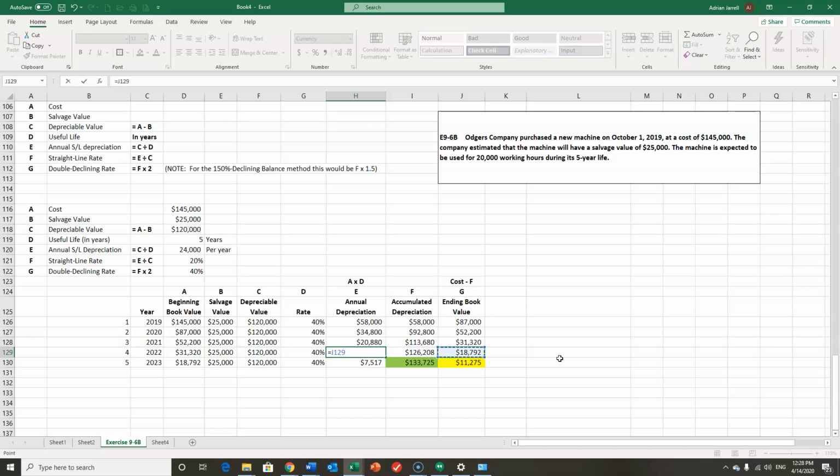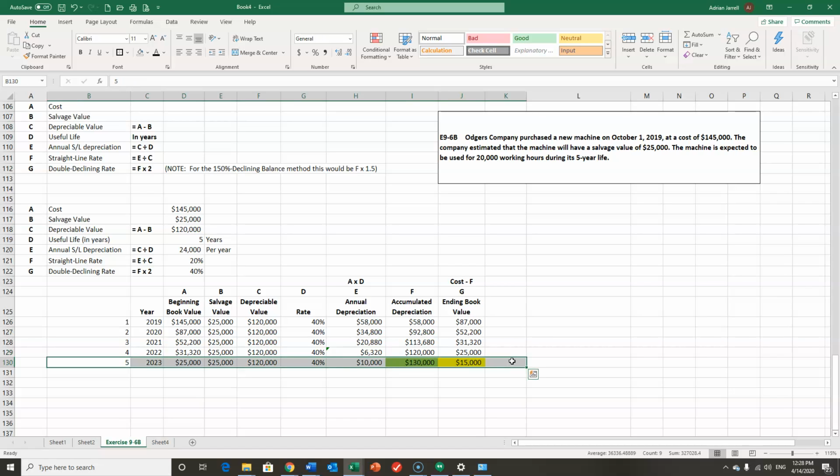So we take the ending book value from last year, subtract from it the salvage value, and we just force that number to be the depreciation this year. And we don't even need the fifth year.